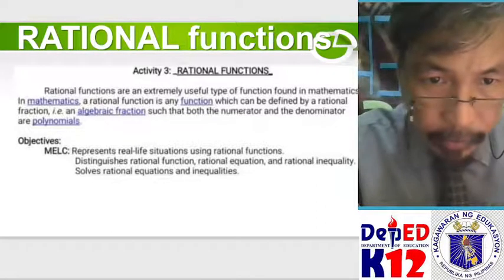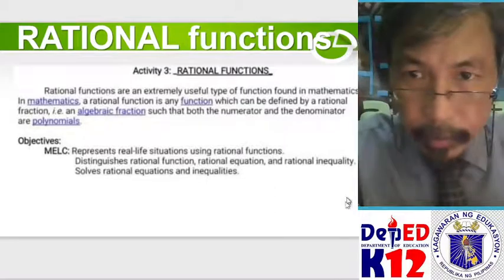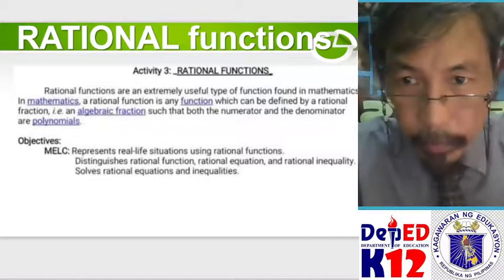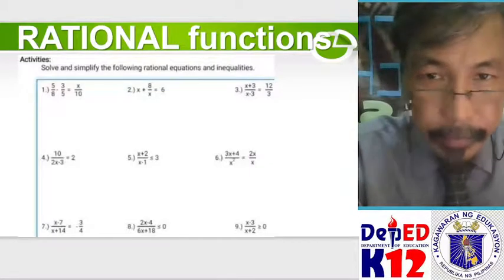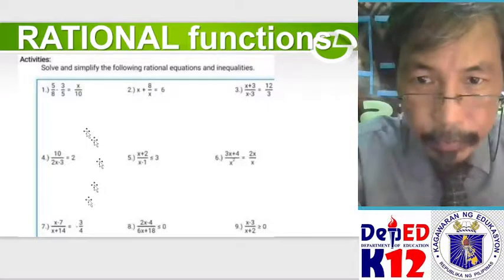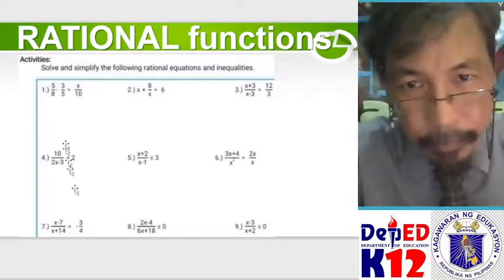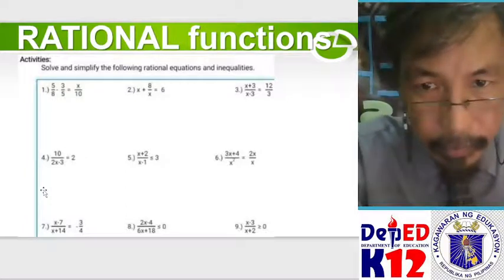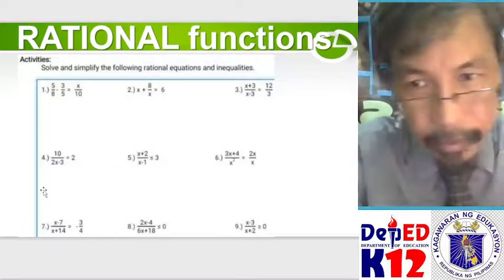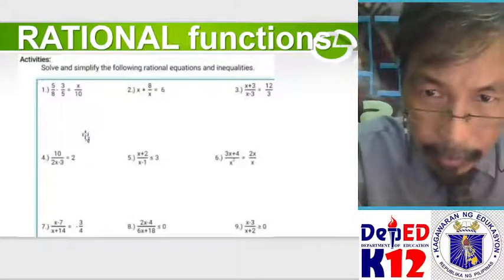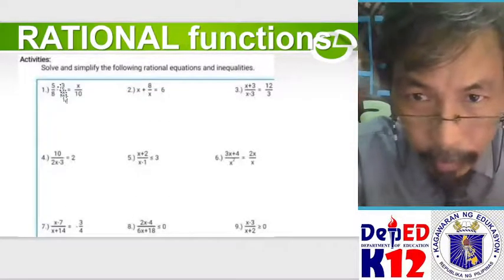Let us choose another type, and have examples of polynomials in the numerator and denominator. These are types of polynomials both in the numerator and denominator. These are rational functions.